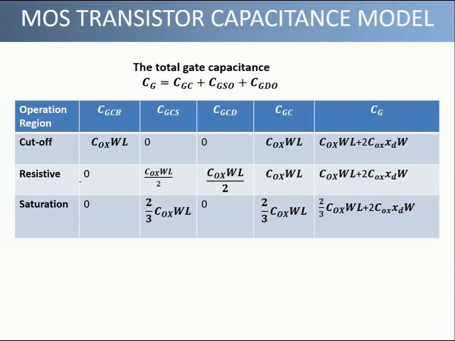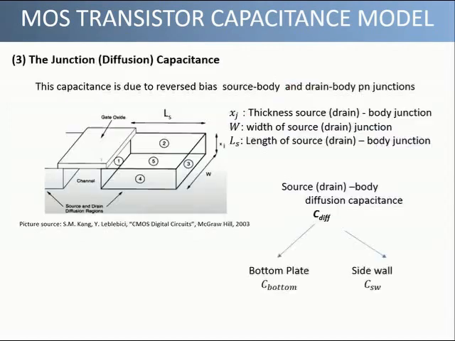In resistive region, the total gate to channel capacitance is equally contributed by source and drain, whereas in saturation region only gate to source channel capacitance is present. The total gate capacitance is equal to the sum of total gate to channel capacitance and the overlap capacitances of source and drain region. Since both overlap capacitances are equal, we combine them by putting 2 over here.